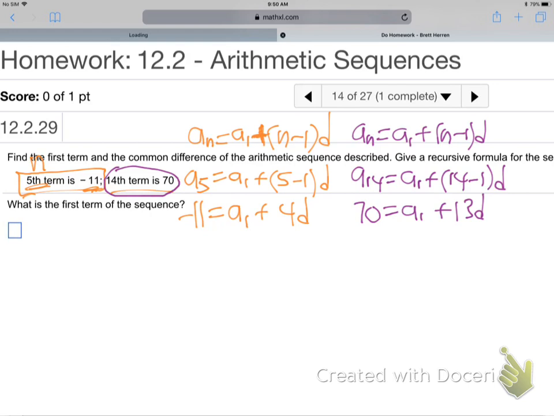Good, then put those together. Multiply one of them by -1, right? -1 all the way through, and add them up. The A1s will cancel. You can solve for D.